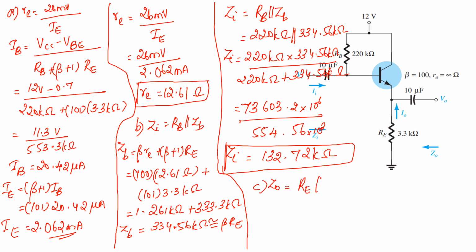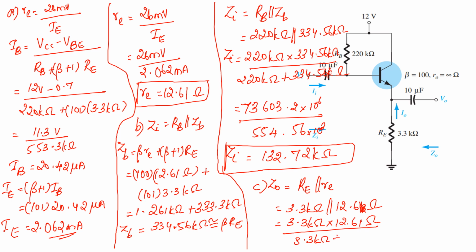Output impedance is equal to capital RE parallel to small re. So what will be your value? 3.3 kilo ohm parallel to small re is equal to 12.61 ohm, right? So you will be getting 3.3 kilo ohm into 12.61 ohm divided by 3.3 kilo ohm plus 12.61 ohm.